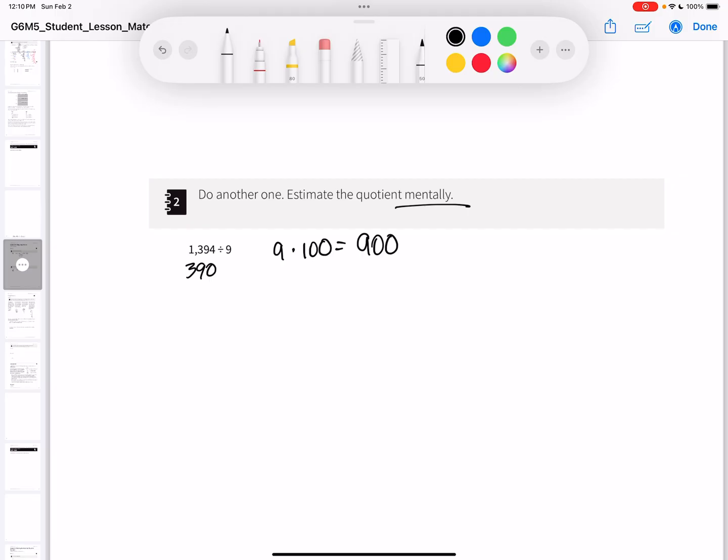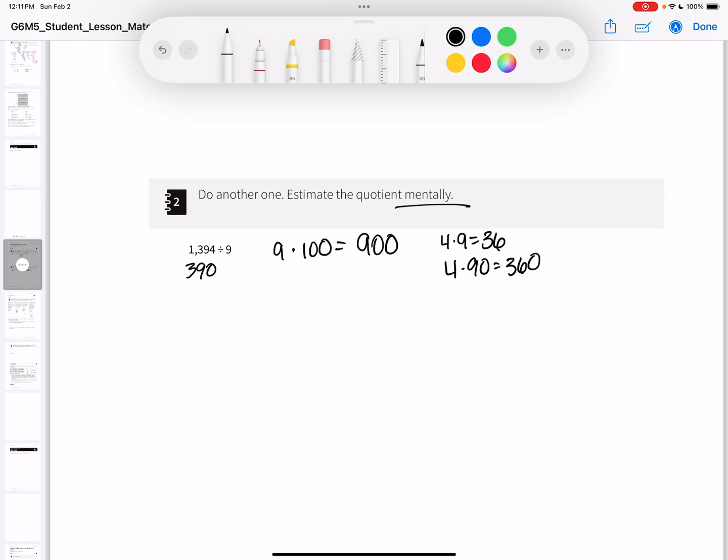I know that 4 times 9 is 36. So 4 times 90 would be 360, right? So that gets me pretty close to 1,394. Doesn't get me exactly, right?